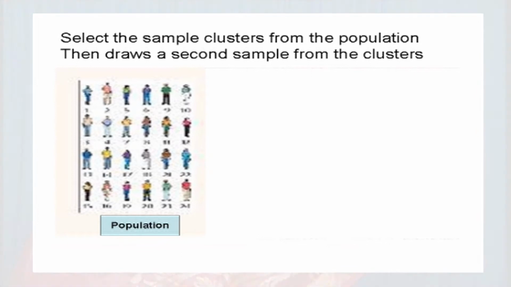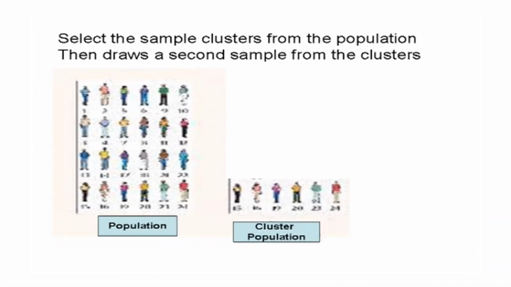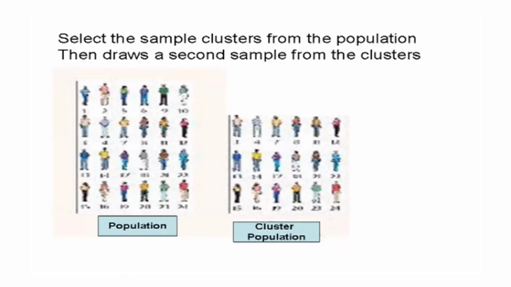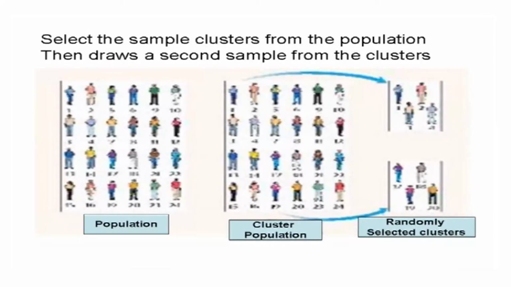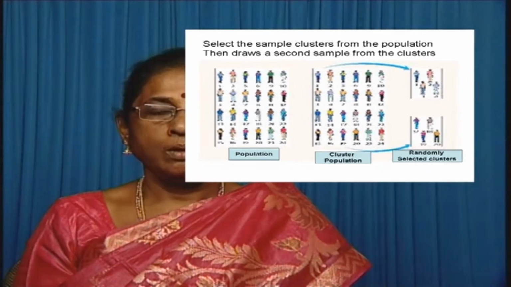The researcher first samples clusters, each of which contains elements, then draws a second sample from within the clusters selected in the first stage of sampling. For instance, a large study on rural health has to have certain villages as its first cluster, from which the samples are to be drawn.